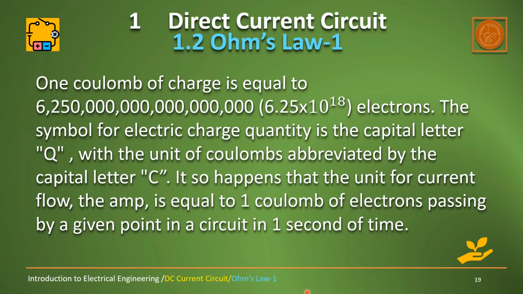It so happens that the unit for current flow, the amp, is equal to 1 coulomb of electrons passing by a given point in a circuit in 1 second of time. That means 1 amp equals 1 coulomb per 1 second. 1 coulomb means 6.25 times 10 to the power of 18 electrons, and the time period is 1 second.